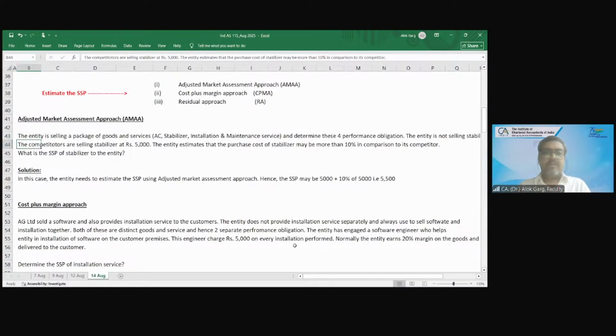The competitors are selling the stabilizer at rupees 5,000. The entity estimates that the purchase cost of the stabilizer may be more than 10% in comparison to its competitor. What is the standalone selling price of the stabilizer to the entity?